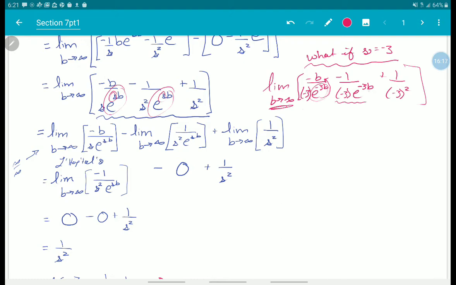This guy would end up diverging as well because this really belongs in the numerator. We could rewrite that as e to the 3b. So then as b is getting bigger and bigger, that guy's heading to positive infinity.